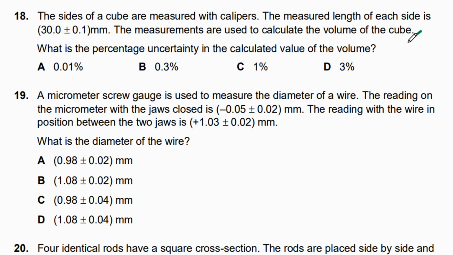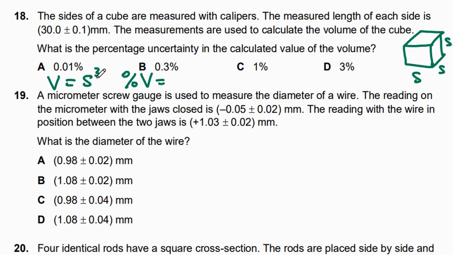So we know that, let's draw the cube. We know that to find the volume of a cube, we take this length, which we can call S, the width of the base S and the height S, and multiply them together. So the volume of the cube will be given by S cubed. We need the percentage uncertainty in V. And remember that when we raise a quantity to a power, we multiply its percentage uncertainty by the power.